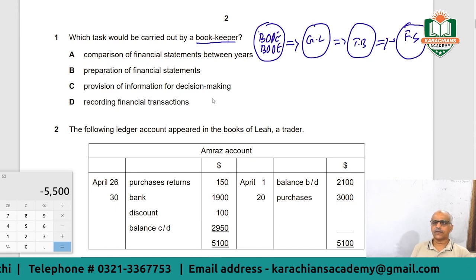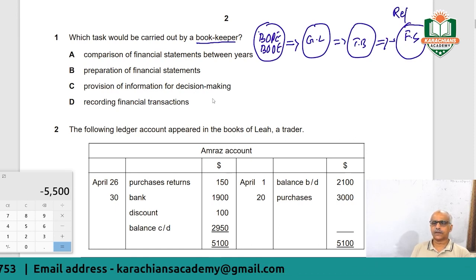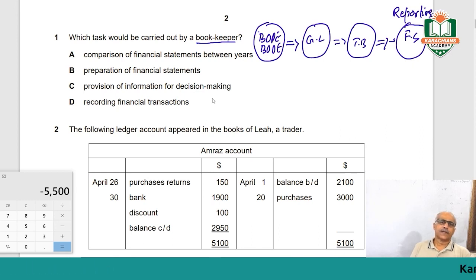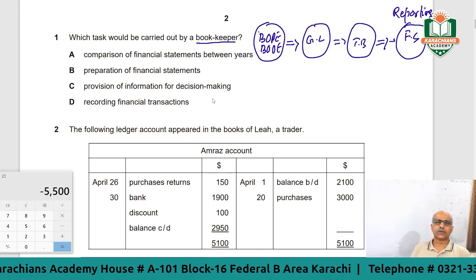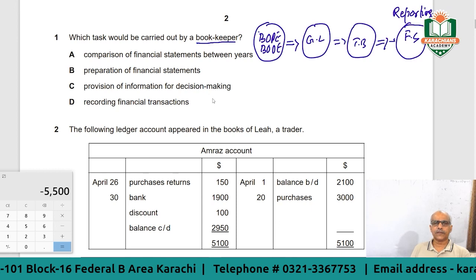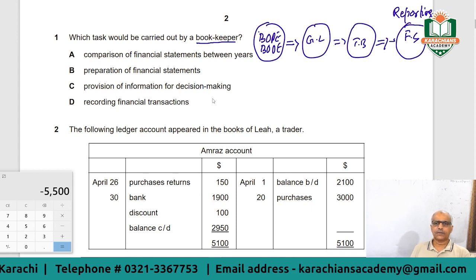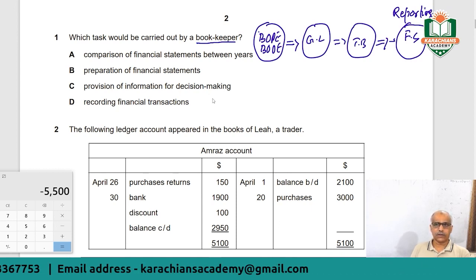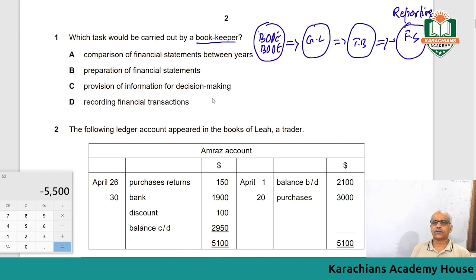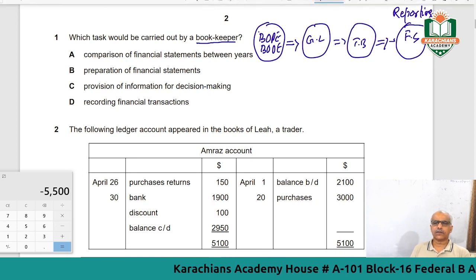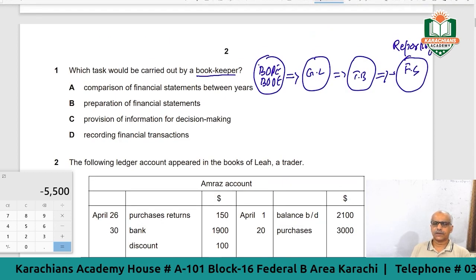So this part of the financial statements is called the reporting part, where a senior accountant or senior manager prepares the reports on financial performance, right? Means the profit and loss account and the financial position, and reports to the management or the shareholders. So this is done by an accountant or some senior member.